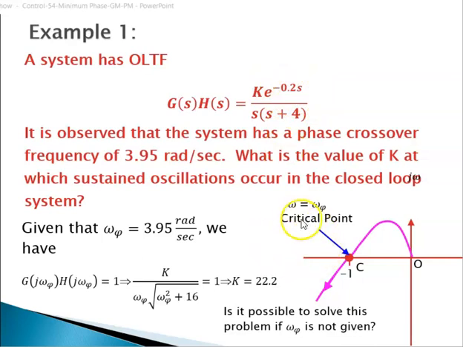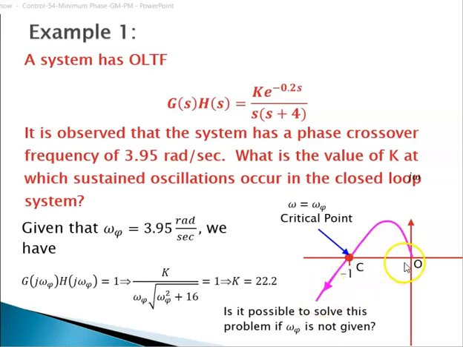What we are given is the frequency at the critical point, the point where the system passes through the critical point. He is asking what is the value of K at which sustained oscillations occur. When this curve passes through the critical point, sustained oscillations occur in the closed loop system.